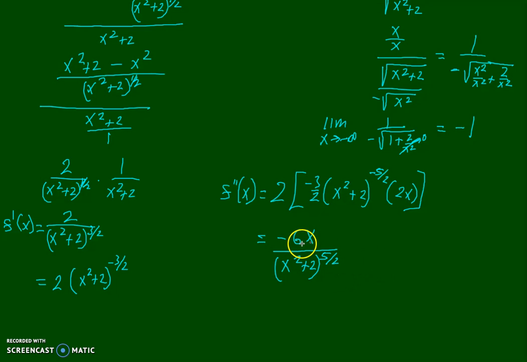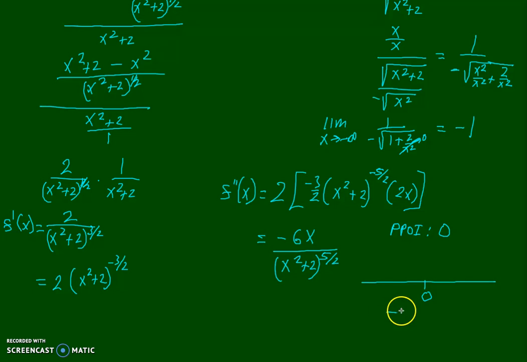Now we can see that this numerator has a 0 at x equals 0. So we have a potential point of inflection at x equals 0. And the denominator, again, is never going to be 0. So this is our only potential point of inflection. So let's go ahead and determine concavity and whether or not that's a point of inflection.